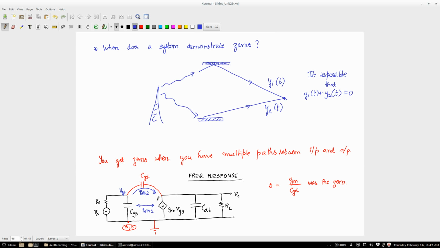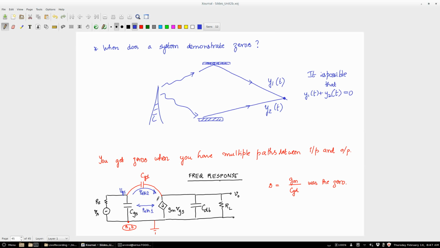And depending on which of the paths is strong, you can have this particular 0 appearing either on the right or on the left in general, right? So there are two paths by which information is going from the left to the right. Correct? So now it becomes clear as to why you are obtaining the 0 in the system. If you did not have a CGD, you don't get a 0, right?